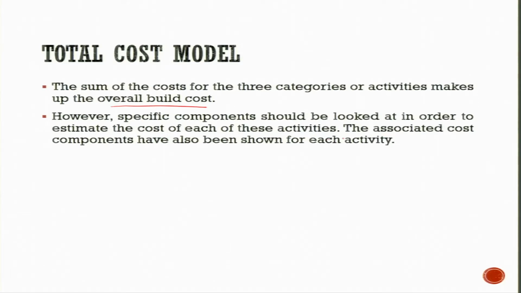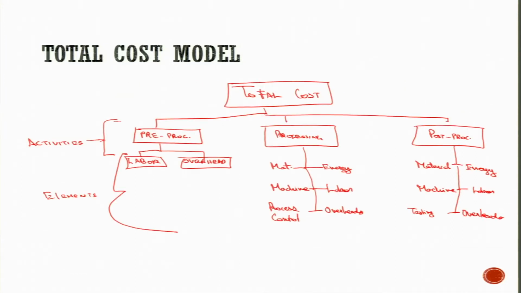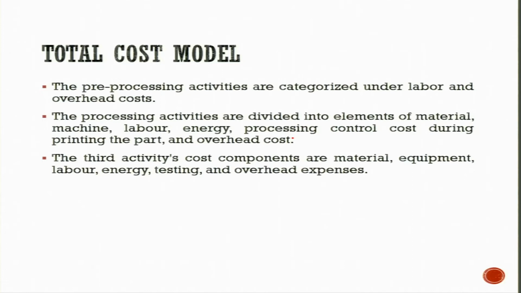The associated cost components have also been shown for each activity in the previous illustration. The pre-processing activities can be categorized as labor and overhead cost. The processing activities are divided into elements of material, machine, labor, energy, process control costs during printing of the part, and overhead costs. The third activity's cost components are material, equipment, labor, energy, testing and overhead expenses.